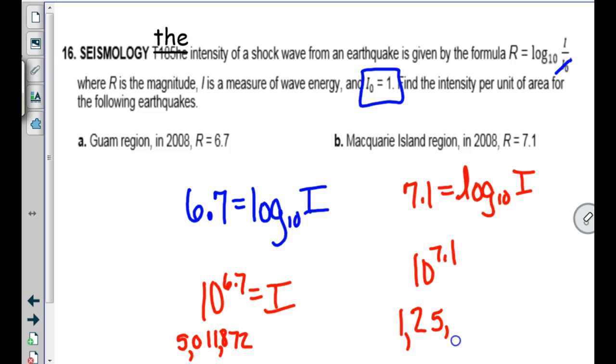It's 2, 5, 8. I can't put my commas in the right place. Is that what we were given? Is that the number you have on your calculator? So this one was 5 million and this is 12 million. That's why when you hear about an earthquake that has just a decimal point difference, it's like much greater destruction.